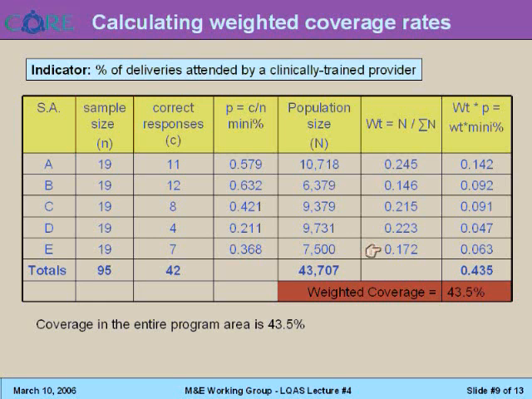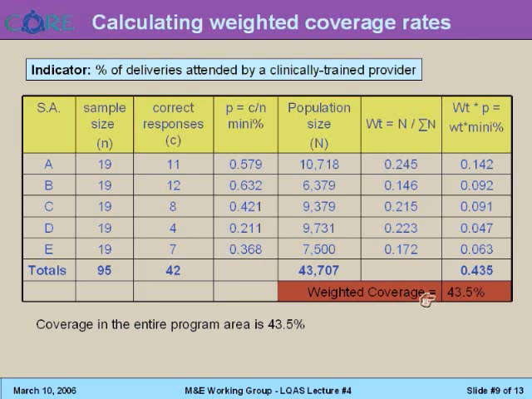Column number 7 is the final calculation, which multiplies the weight and the mini coverage proportion in each supervision area. Adding these numbers together in the last column gives the overall coverage rate for the entire program area. In this case, the weighted coverage takes the value of 43.5%.